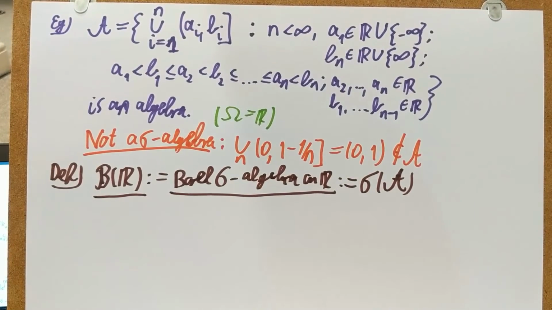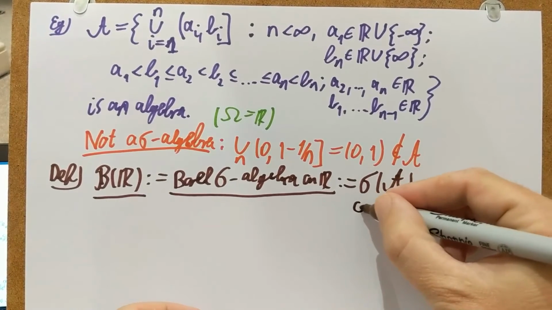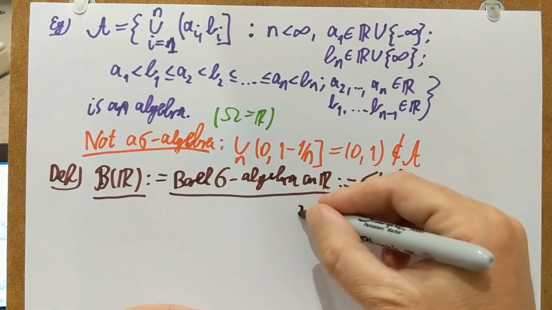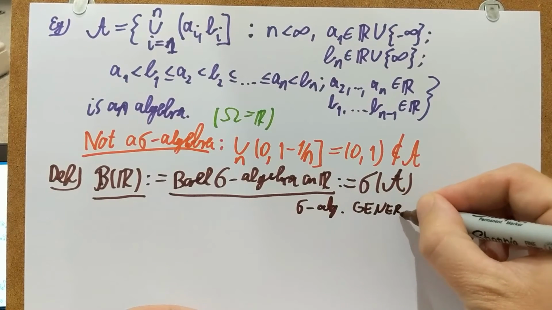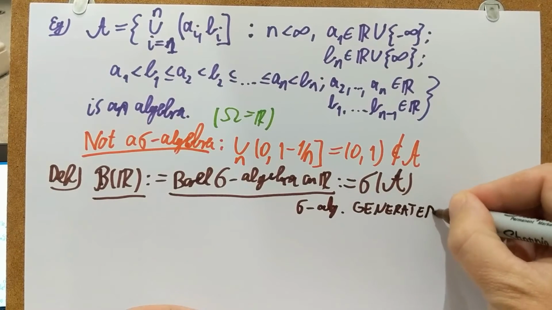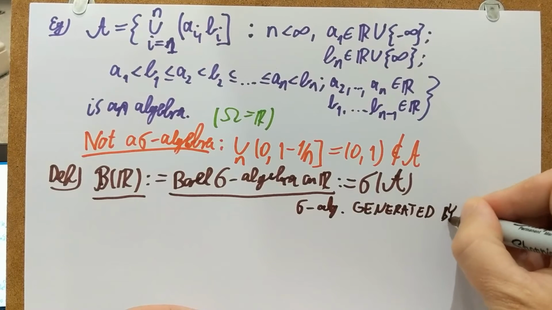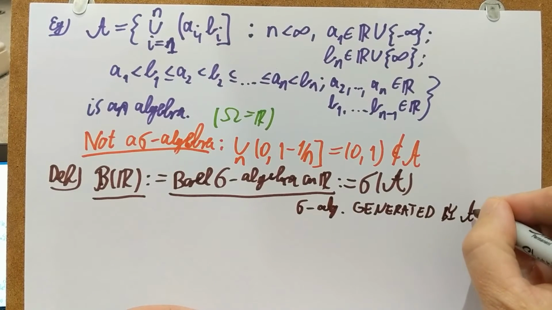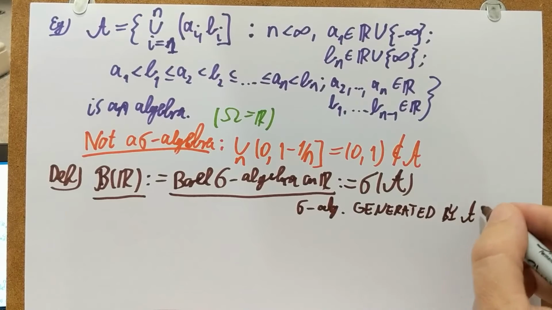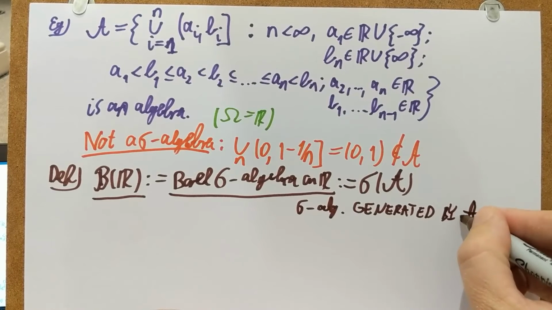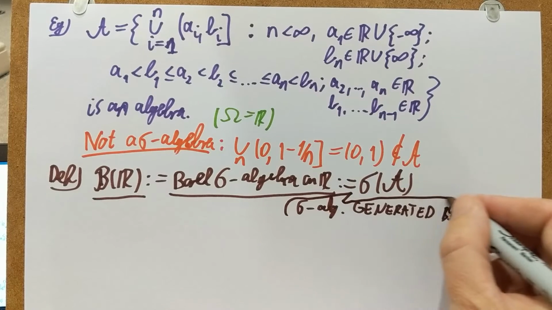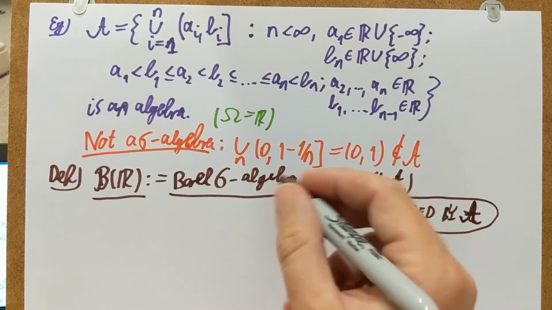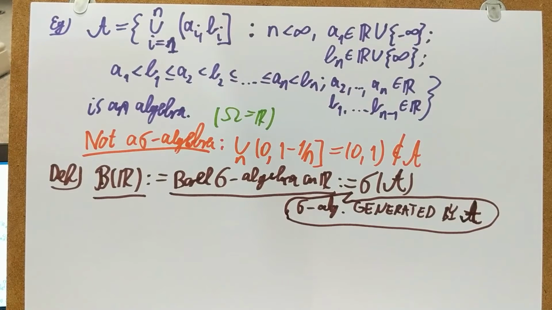So generate the sigma algebra from A, the sigma algebra generated by the script A algebra. Okay, this is script A. Maybe I should try to make it nicer. Okay, generate the sigma algebra from script A, and that's what we call a Borel sigma algebra.